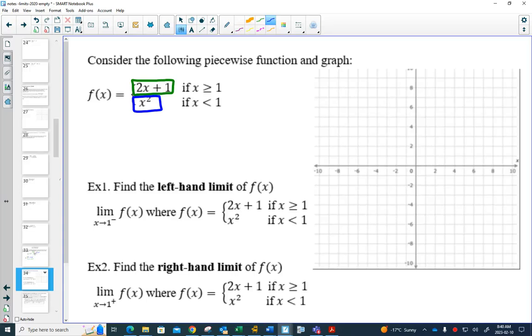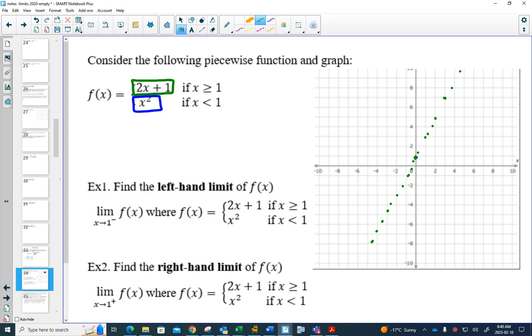So 2x plus 1, that's y equals mx plus b. It has a y-intercept of 1 and the slope of 2, so I go up 2 over 1, up 2 over 1, up 2 over 1. And it would look like this, as a dotted line for now.